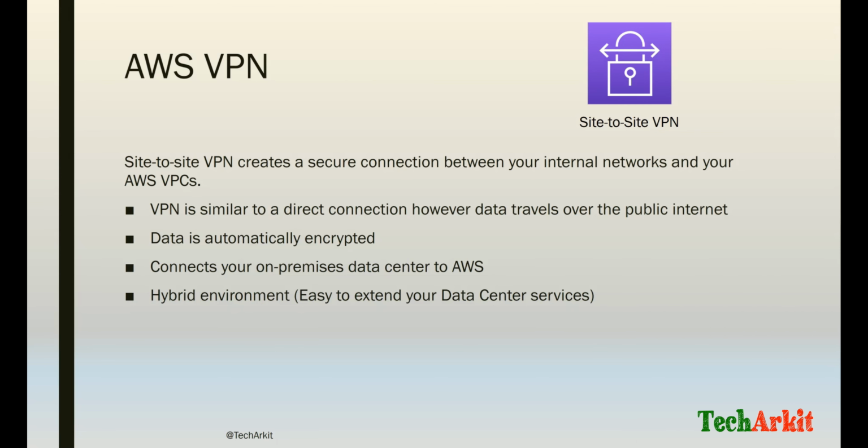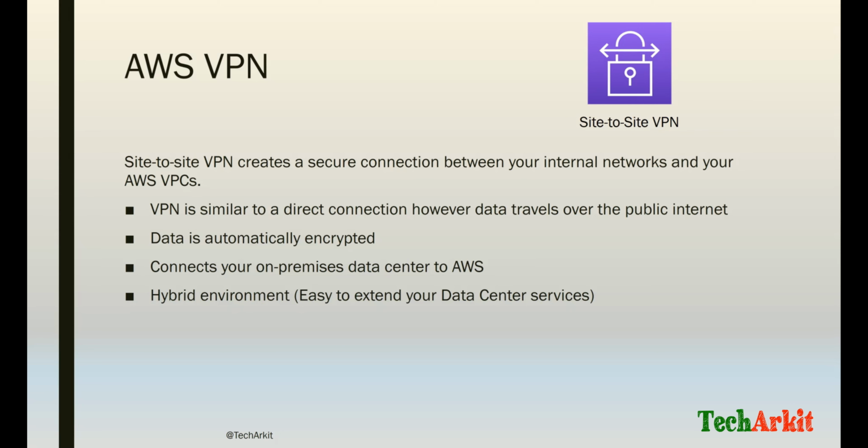Whatever internet line you have, on top of that you can run a secure VPN tunnel from your data center to the cloud. That way, whatever data you send from your on-premises to the cloud is sent through the secure connection, the data is encrypted in transit, and it is directly connected to your VPC. So this is a site-to-site VPN connection.